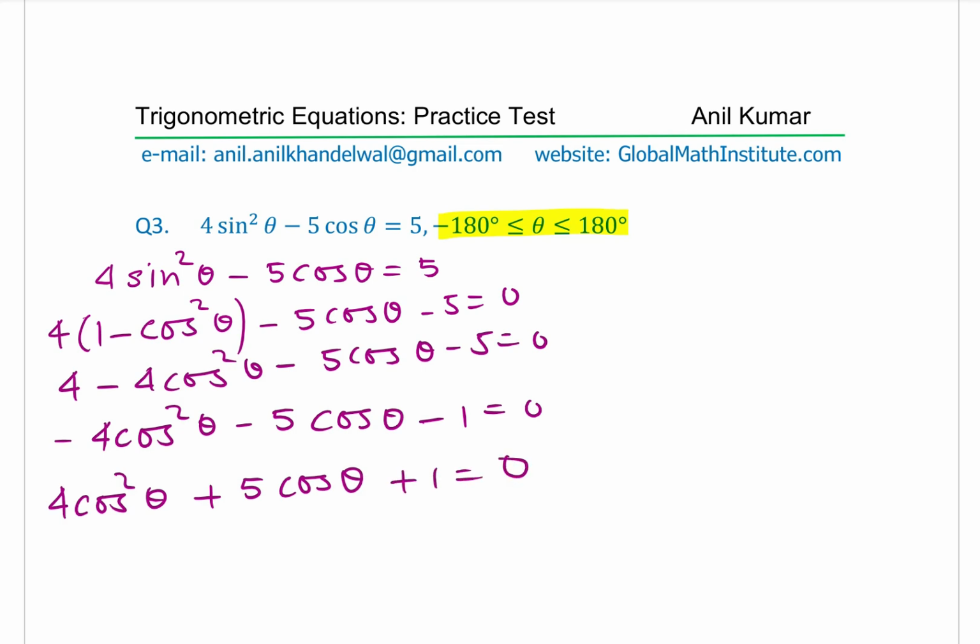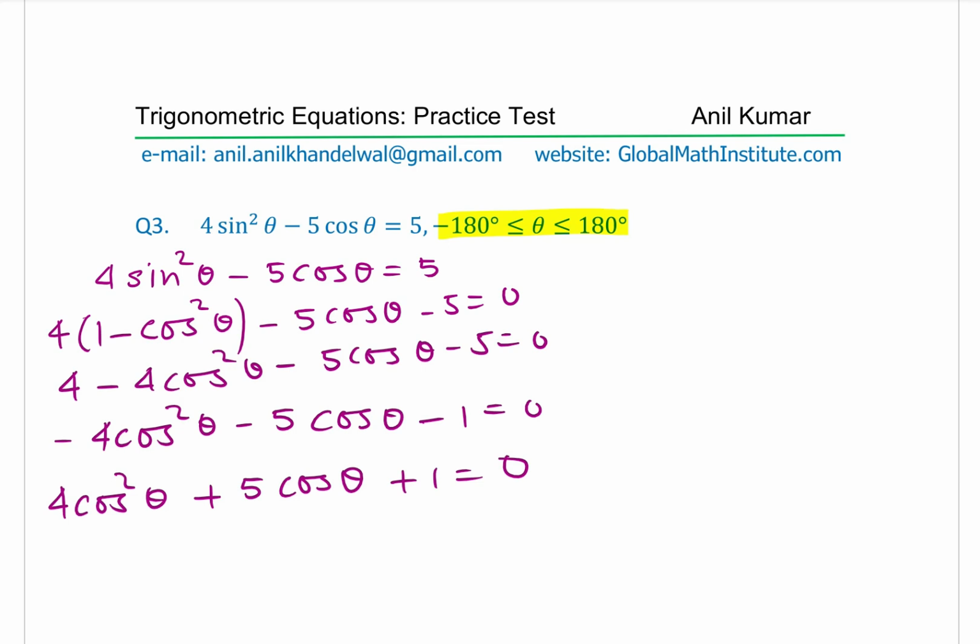So that gives you the form which we need to factor. Let me check the numbers, because we have 4 times 1, which is 4, and we need 5 cos theta, which we cannot get.